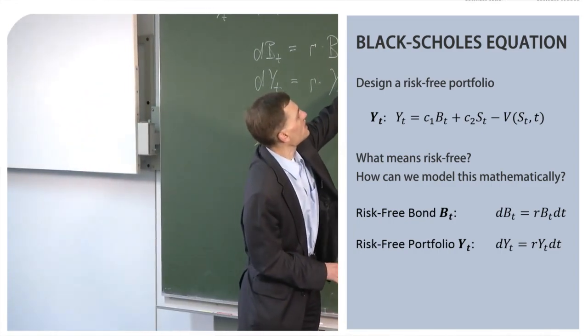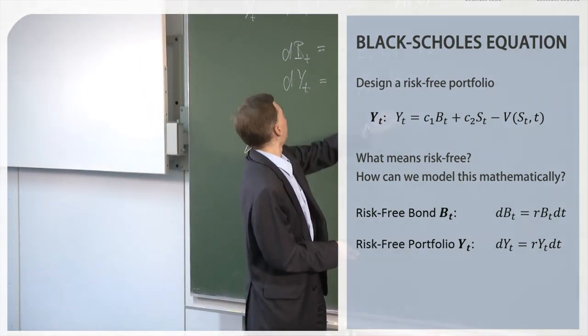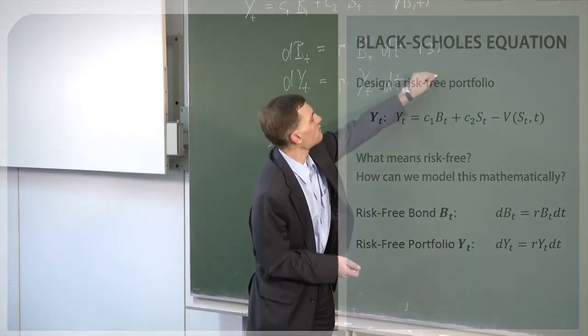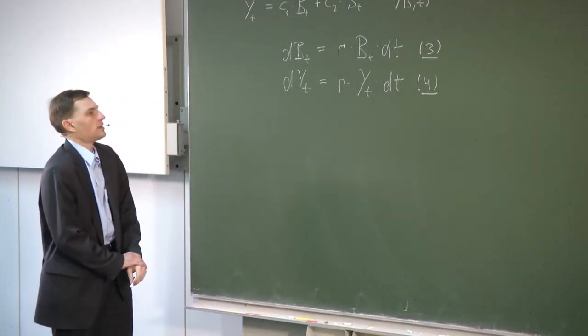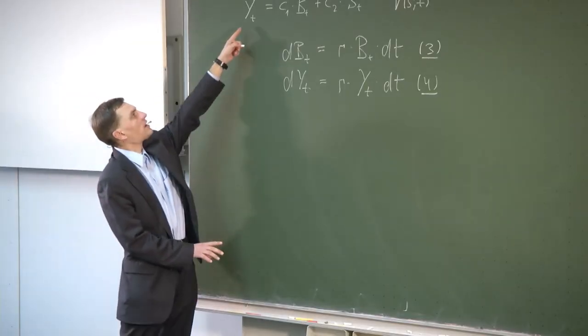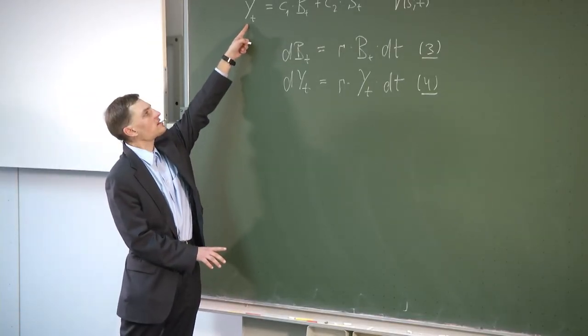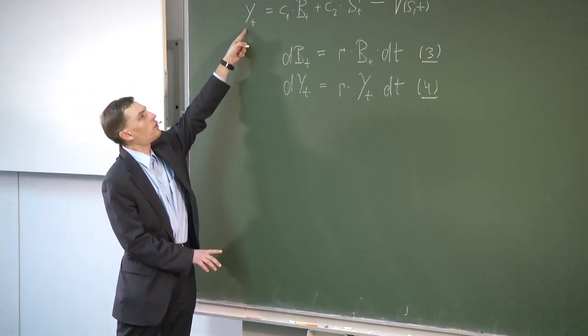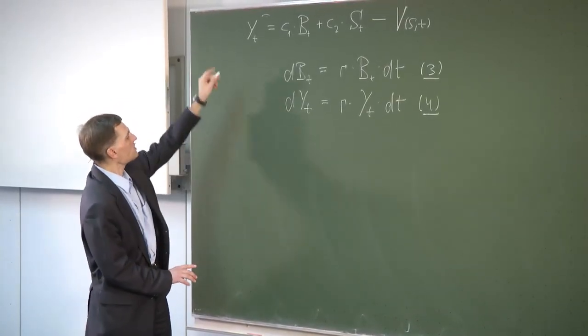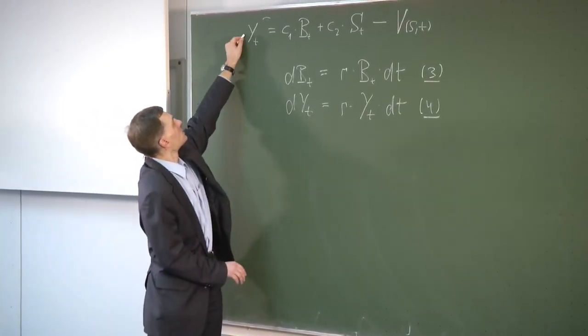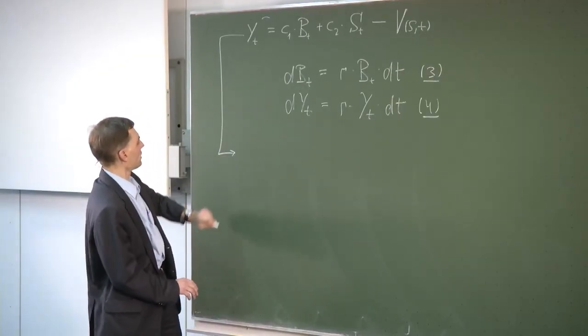The bond equation is now my equation 3, and the portfolio equation is my equation 4. In the next step, I compute the total differential of my portfolio equation, the one on top.